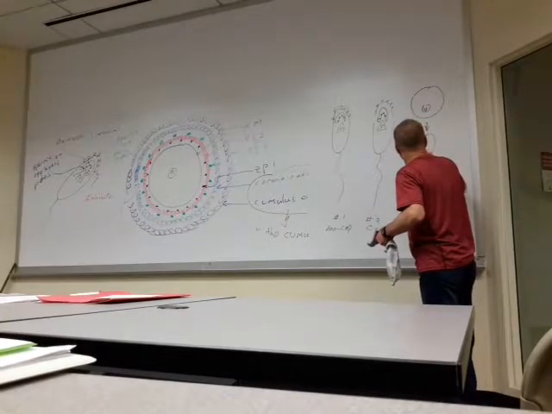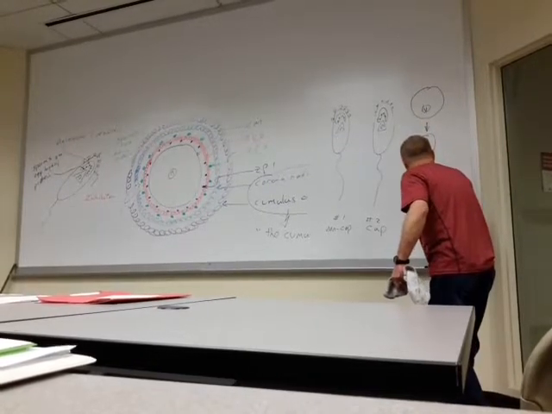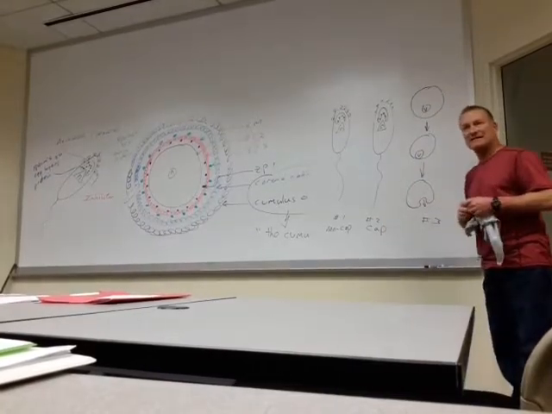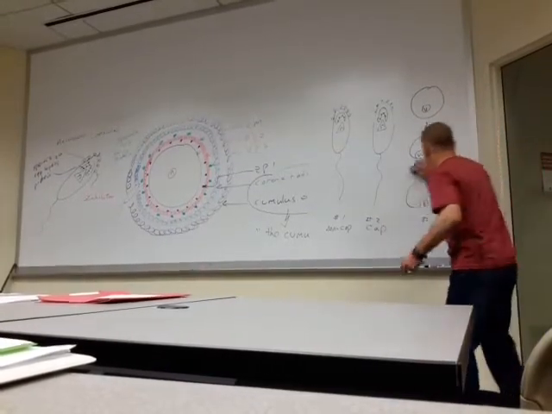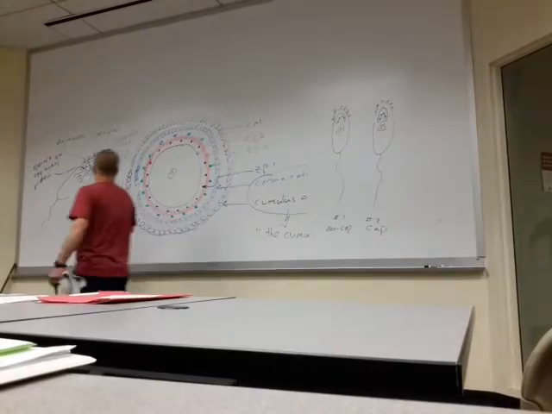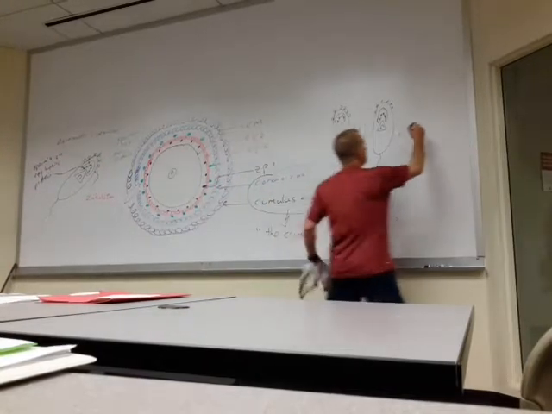So we see the vesicle fuse with the membrane, then we see the actual exocytosis and the vesicular contents are released. That's exactly what's going to happen, except look at the shape of our cell, look at the shape of the vesicle.